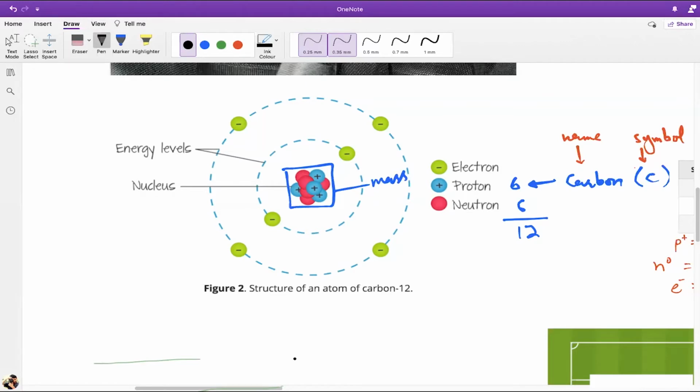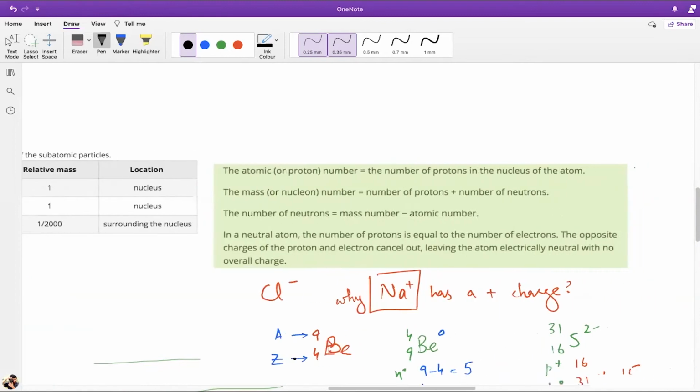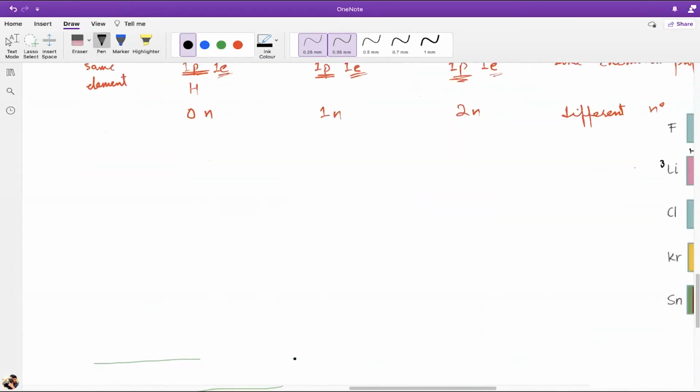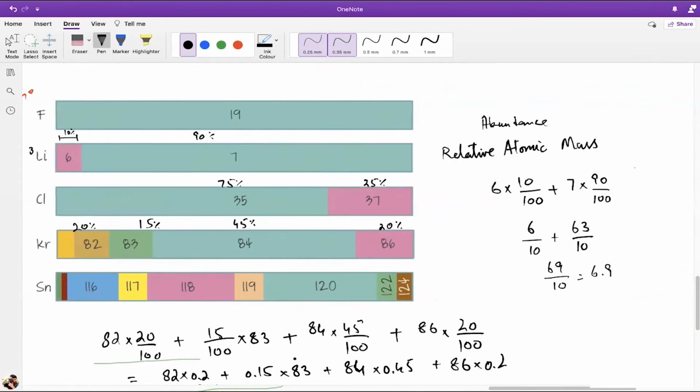Basically, we're comparing everything with that, and that's just an idea you need to remember. There's nothing related to it when it comes to your exam, apart from the fact that that goes into the definition. So what's the definition? The definition of relative atomic mass is the mass of an atom compared with carbon 12.